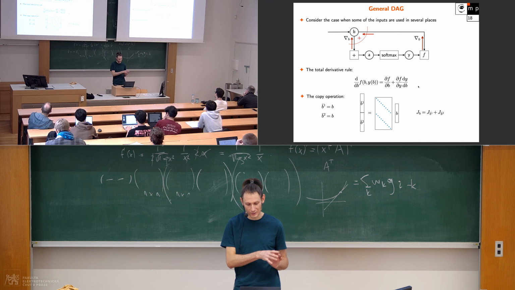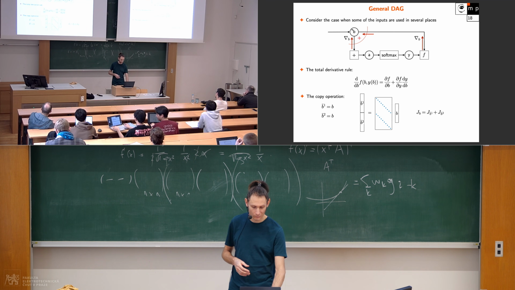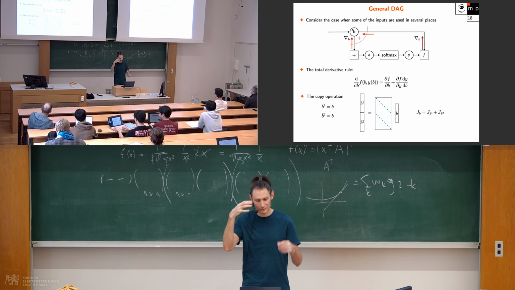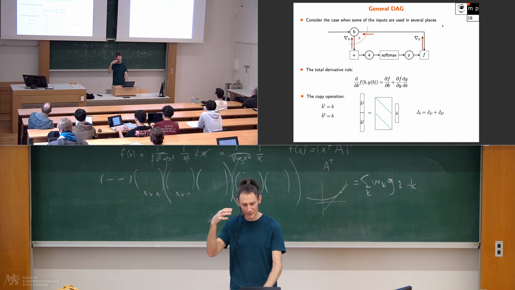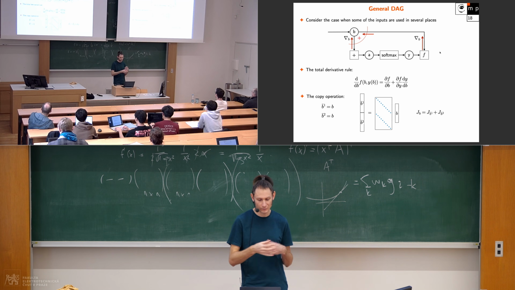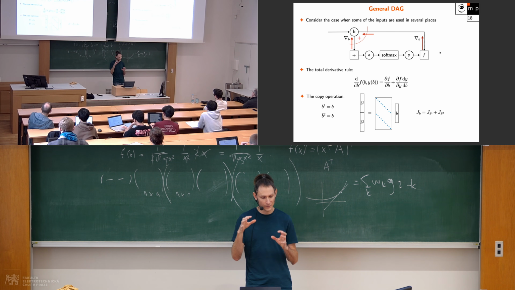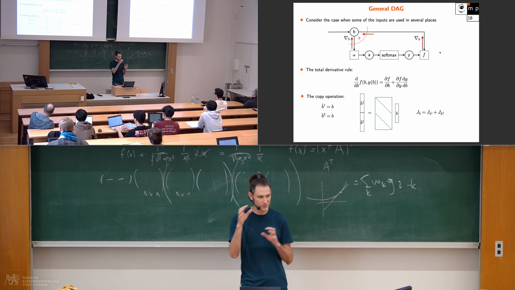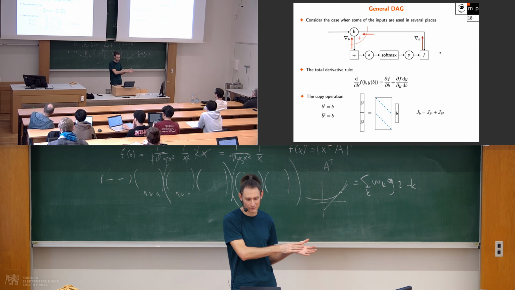You could also view it as, okay, we take this b, we copy it, and then one copy goes here and the other copy goes there. And then what we need to see is that if we copy the input, then the backpropagation for the copy sums the gradients.